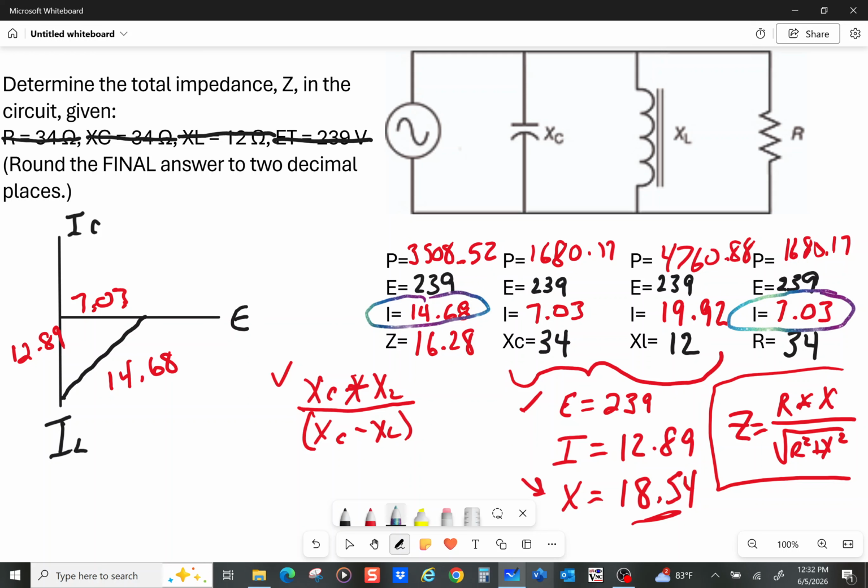And when I do that, I get a power factor of 47.89%. And now my phase angle is going to be the inverse cosine of that value, which is 61.39 degrees.